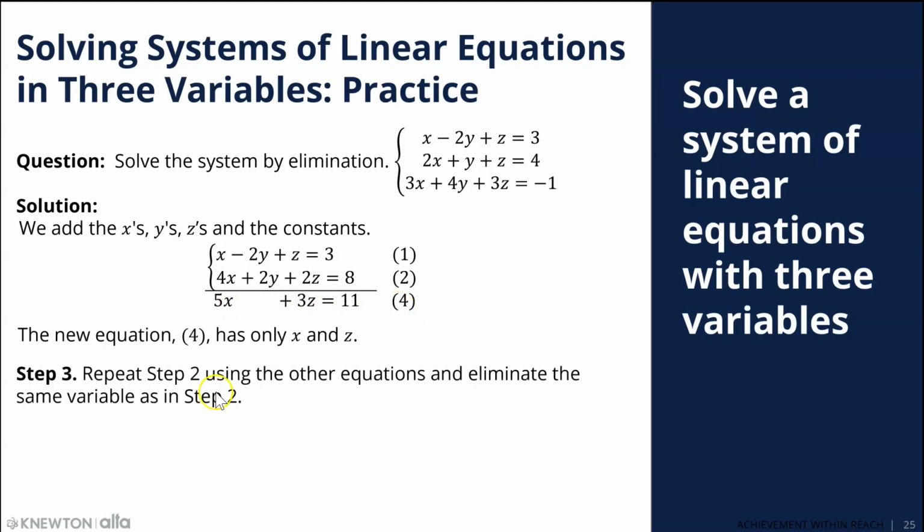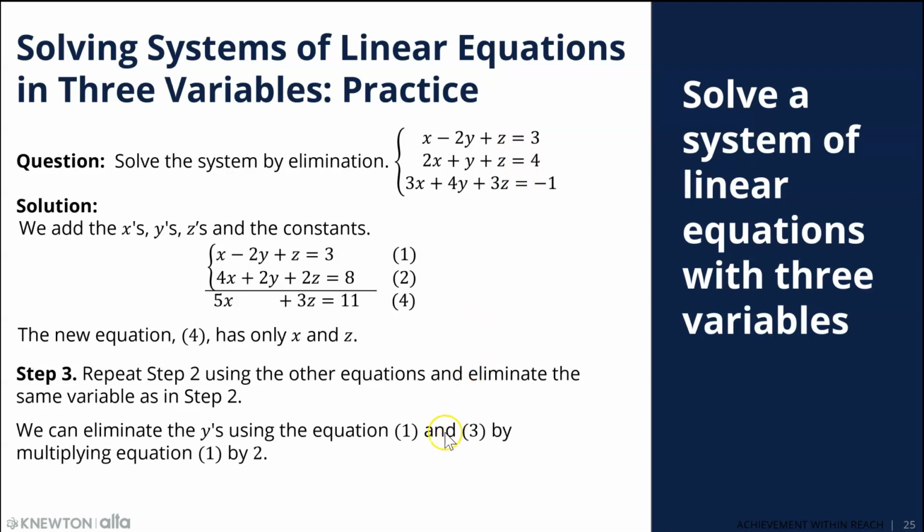And then step 3, we just repeat step 2 using the other equations and eliminate the same variable, the same y variable. So to do that, we consider equation 3 here and then pair that to either equation 1 or equation 2.